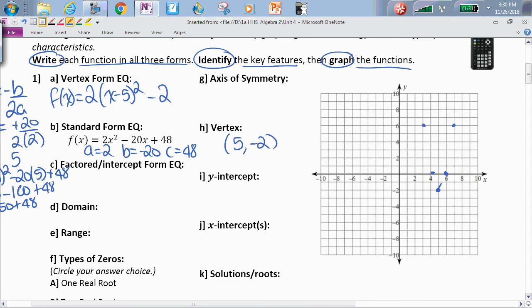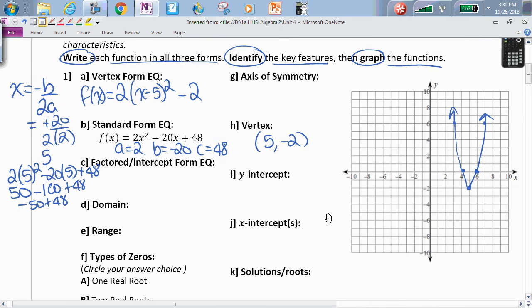And since it goes nicely through the x-intercepts, we can use that to help us get factored or intercept form. We have 2 at the beginning, and remember it's (x minus m)(x minus n), so it's going to be 2(x minus 4)(x minus 6), because of our x-intercepts being (4, 0) and (6, 0).